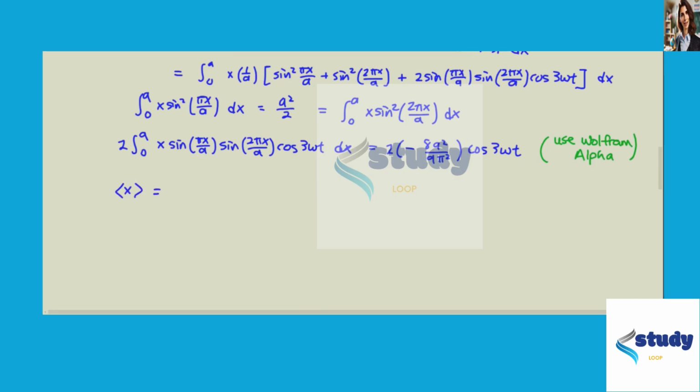So in the expectation value of x, you have 1 over a in front, and then we have a squared over 2 plus a squared over 2. No, I think this one is a squared over 4. Yeah.